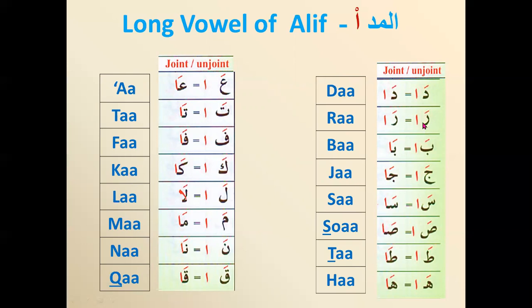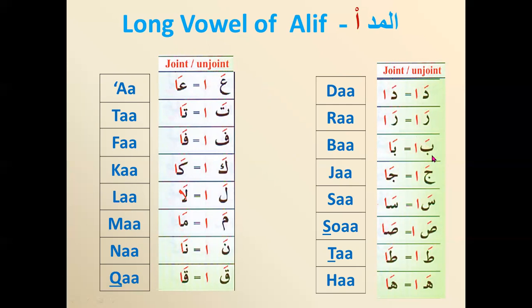So you have the ra fatha, again there is an alif mad, which is sukun, and the example is ra. So we read this one as ra. Just remember that the dal and the ra are non-connecting letters after it, meaning you cannot connect any letter after the ra. That's why the alif is being written separately.